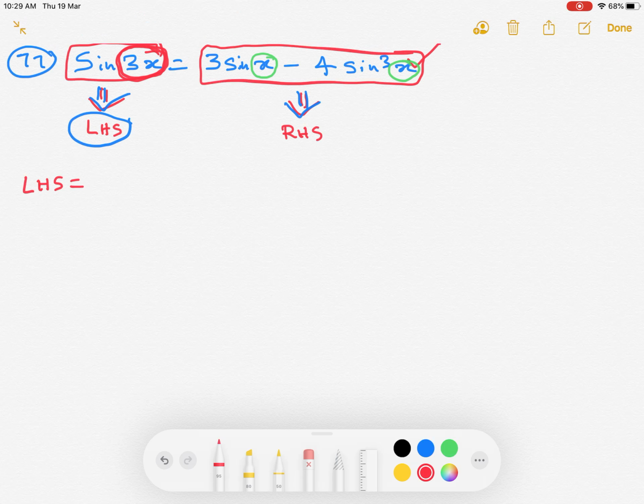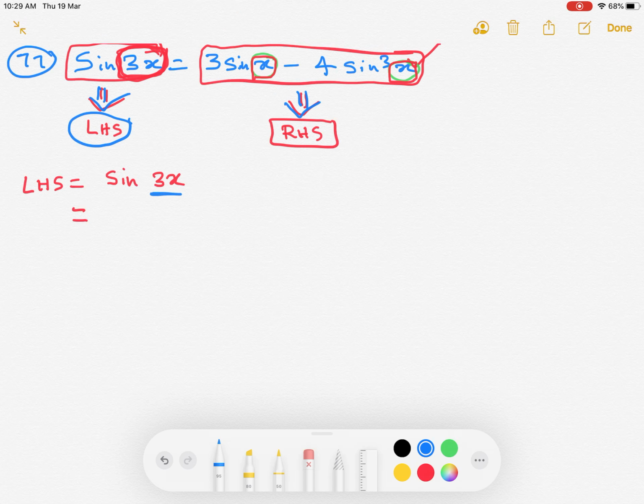So we will take left hand side, sine 3x. But here you have angle 1 time x. Here you have sine angle 3 times x. So we can simplify it and we can prove the right hand side.